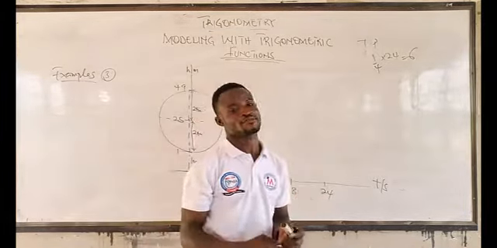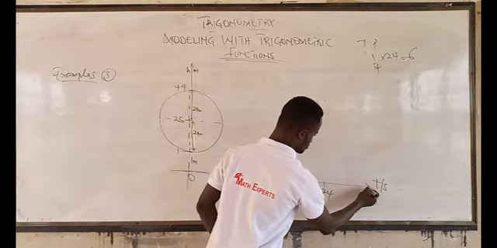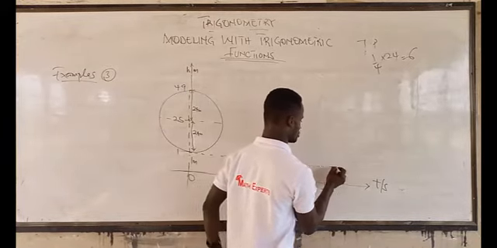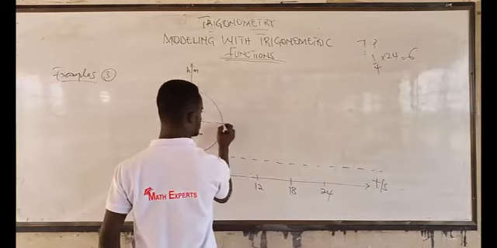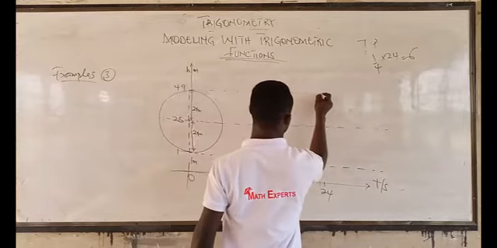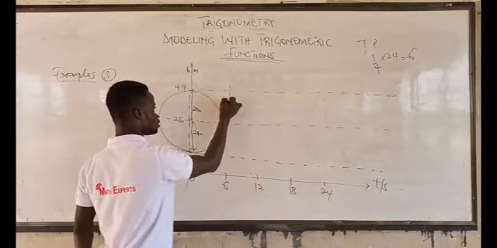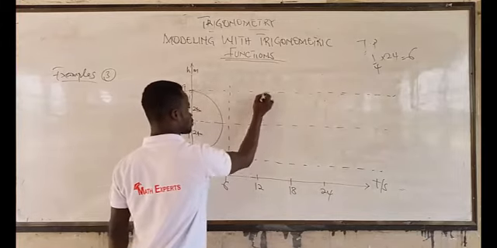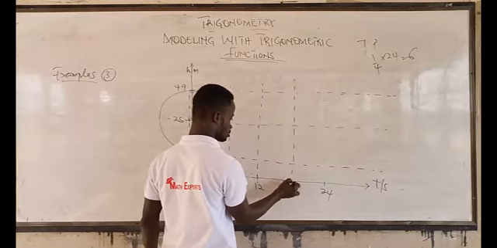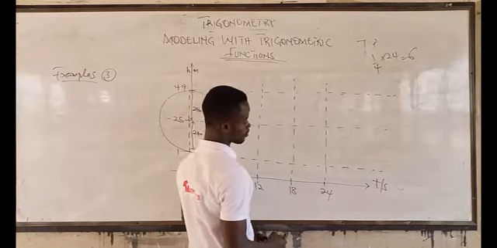After that, watch. You need to do this. You are just tracing the plotted points where it's going to be. Then you trace this one to this, this one to this, this one to this. That is one.